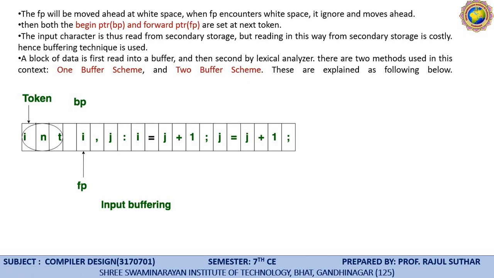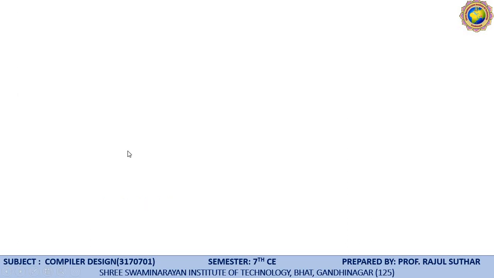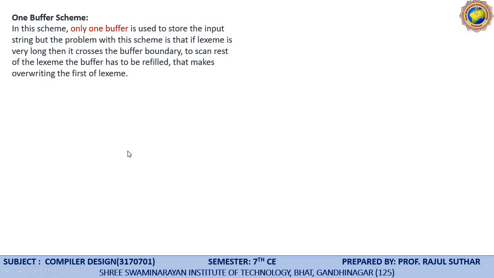These are the two methods used: the one buffer scheme and the two buffer scheme. So what is the one buffer scheme? Let me discuss in this figure. One buffer means in this scheme we are using only one buffer to store the input string. But the problem with this scheme is that if the lexeme is very long, it crosses the buffer boundary.